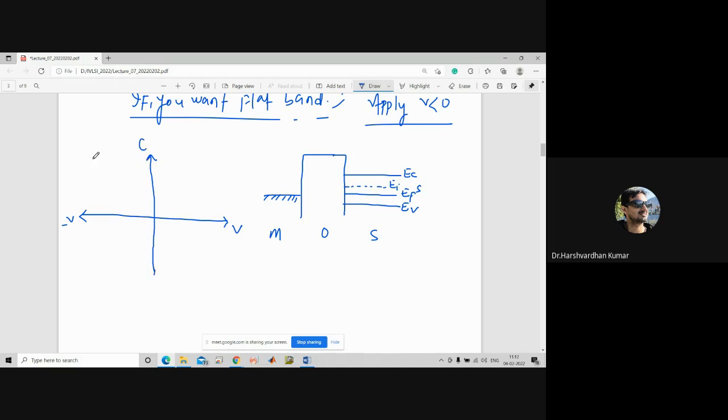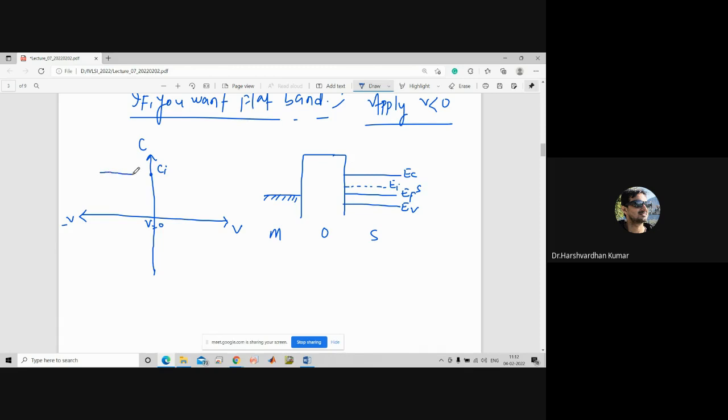If you remember, at V equal to 0, what is the value of the capacitance? CI, right? For V less than 0, let us talk about the ideal case, it was constant.